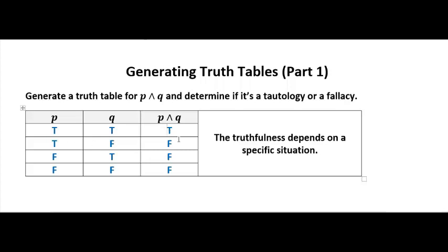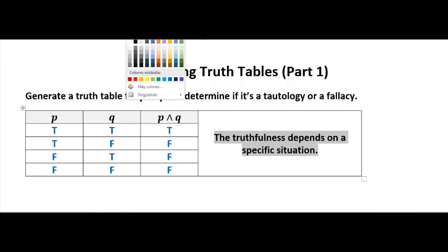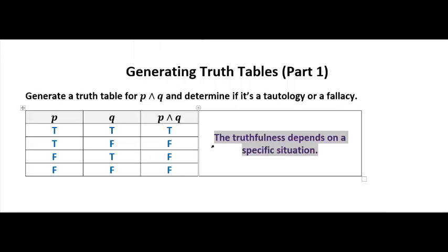But if it's another one, then it will be false. So it depends on which situation you're experiencing, and that's it. That's basically what we do: we generate the truth table and we determine whether it's a tautology or a fallacy. And if it's none, then we know that it means the truthfulness depends on a situation.